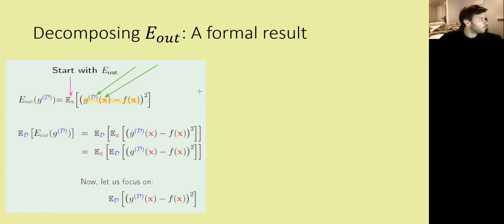Now, in the second line here we're going to do something kind of strange. Instead of taking the expectation with respect to X, which is exactly what is being done with this term, we're now going to think about taking the expectation in this next line with respect to not X, but with respect to D, the data itself. And that's kind of a weird thing to think about.